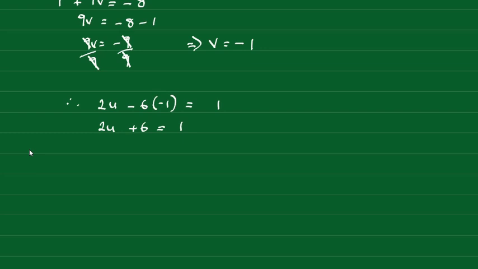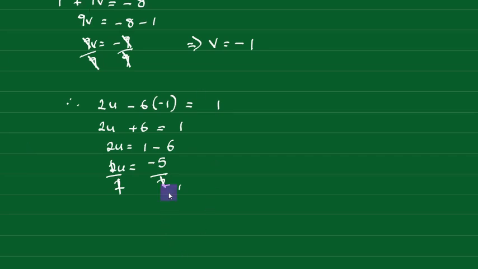We move our plus 6 to the other side of the equal sign. So we have 2u equal to 1 minus 6, because when plus 6 crosses the equal sign, it becomes minus. So this gives us 2u equal to minus 5. Now we divide both sides of our equation by 2.